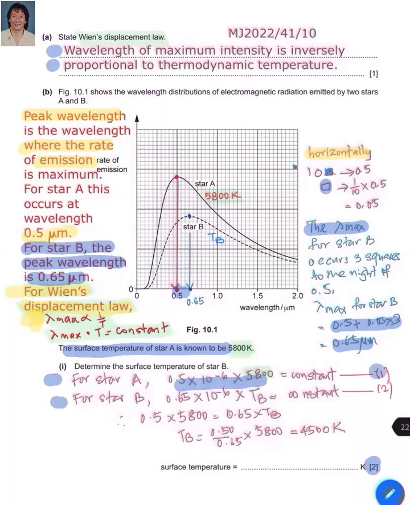Then for star B, 0.65 times 10^-6 is the peak wavelength for star B, times TB equals the same constant. That's equation number 2. Equating the 2 equations gives you 0.5 times 5,800 equals 0.65 times TB. The 10^-6 will cancel off, so there's no need to write 10^-6. So from here, your TB equals 4,500 Kelvin.